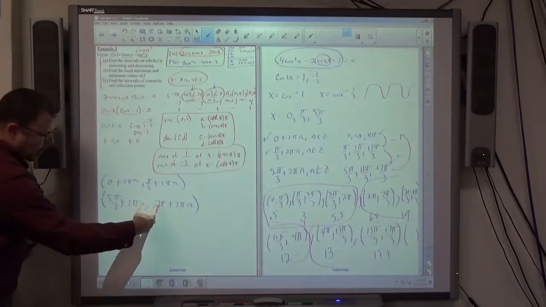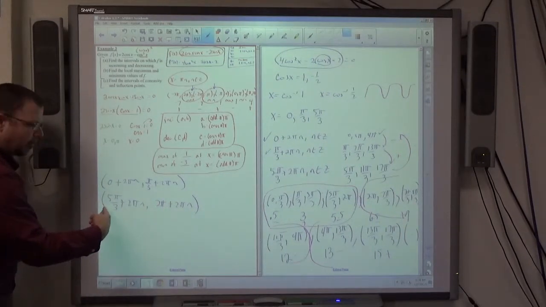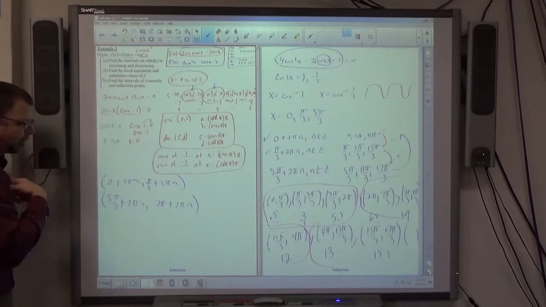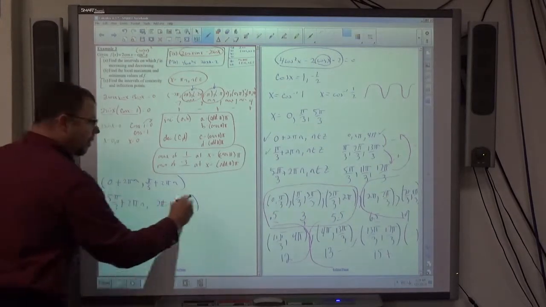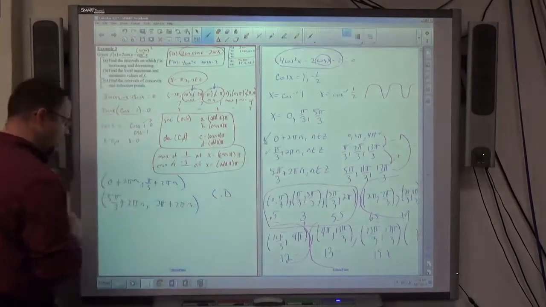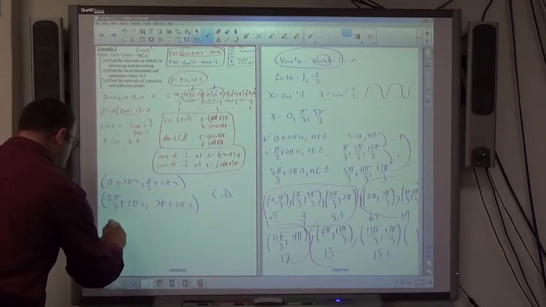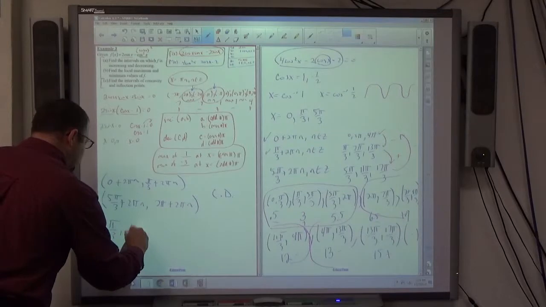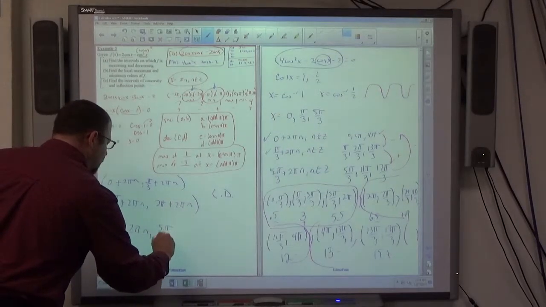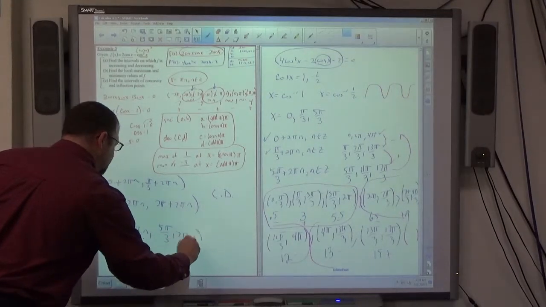I want to make sure this is bigger than that. So from 5 pi over 3 to the next number on the list, 2 pi, both plus 2 pi n. Both of these are concave down. And from pi over 3 to 5 pi over 3, plus 2 pi n, is concave up.